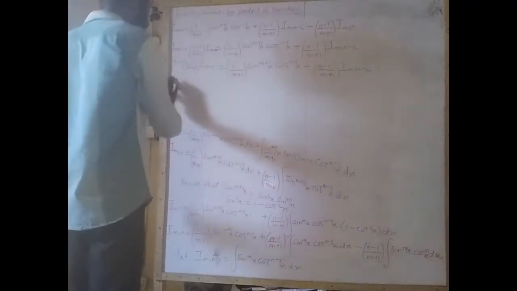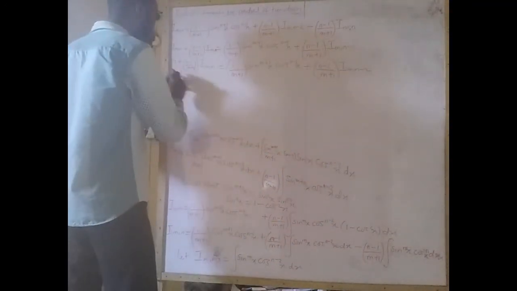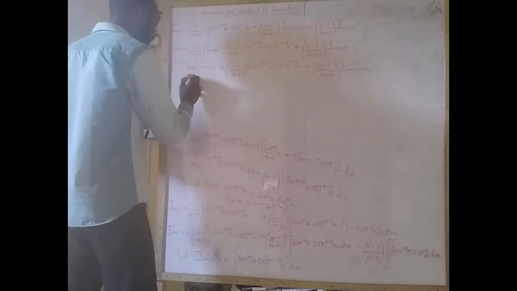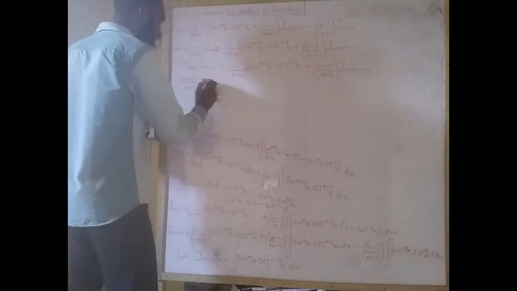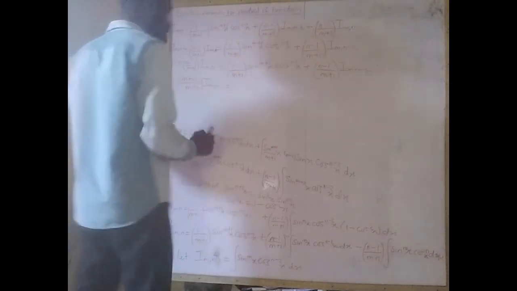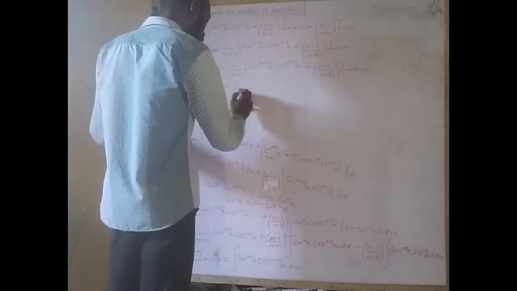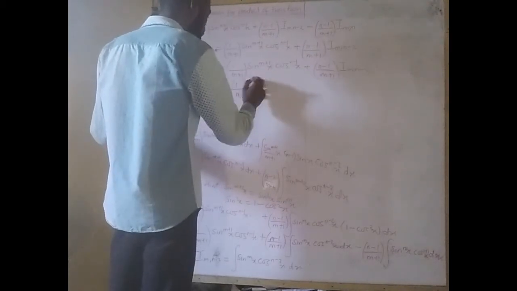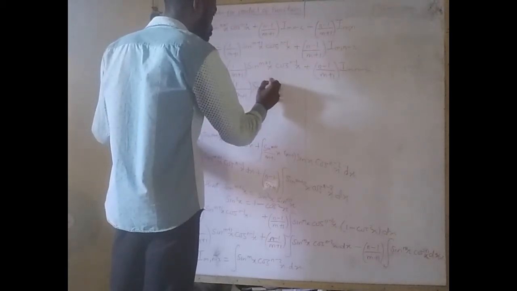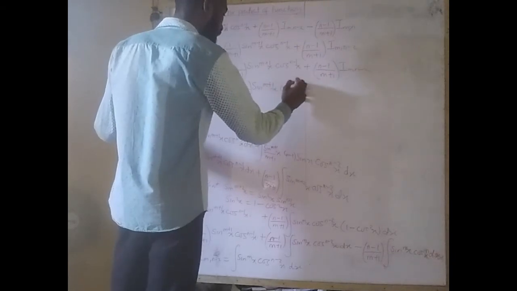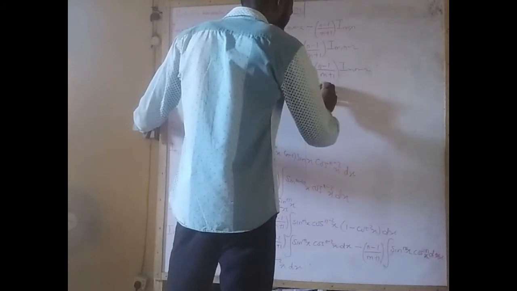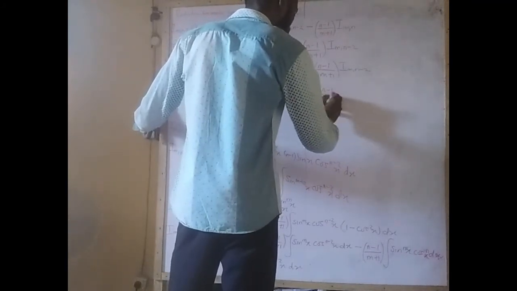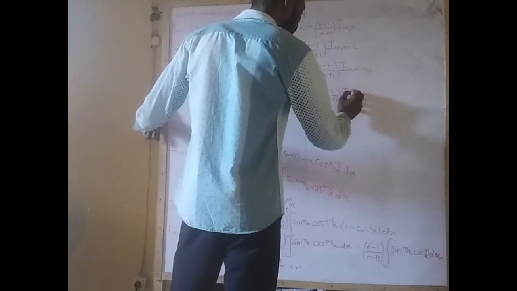If I simplify the fraction here, I'm going to have (m plus n) divided by (n plus 1) I(m,n) equals 1 divided by (n plus 1) sin^(m+1) x cos^(n-1) x plus (n minus 1) divided by (n plus 1) I(m,n-2).